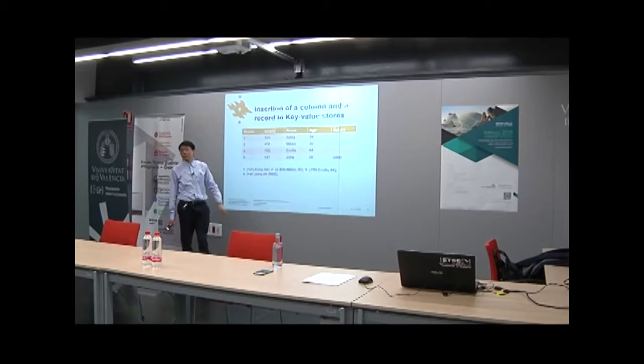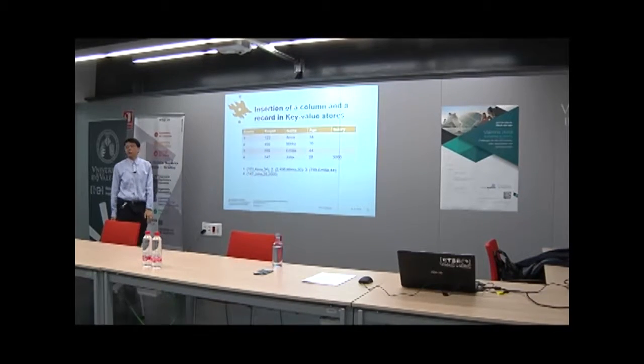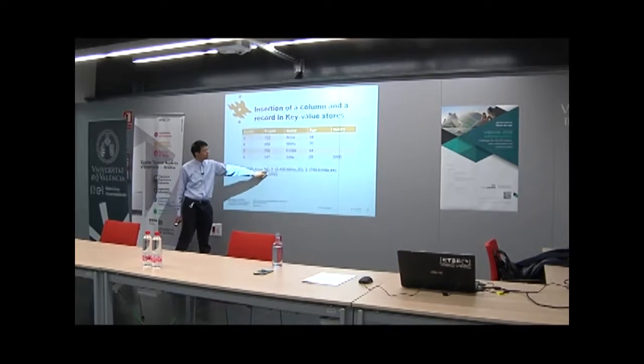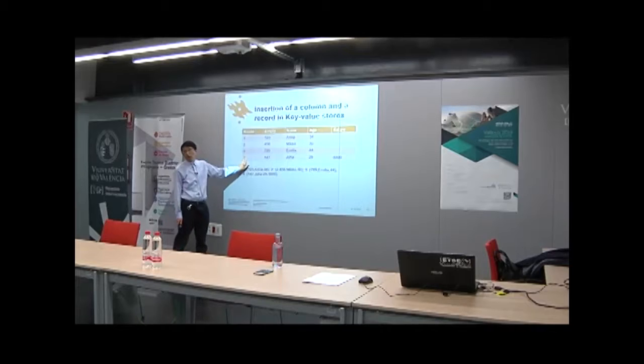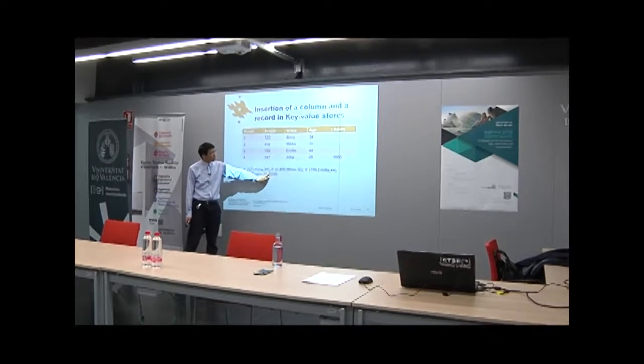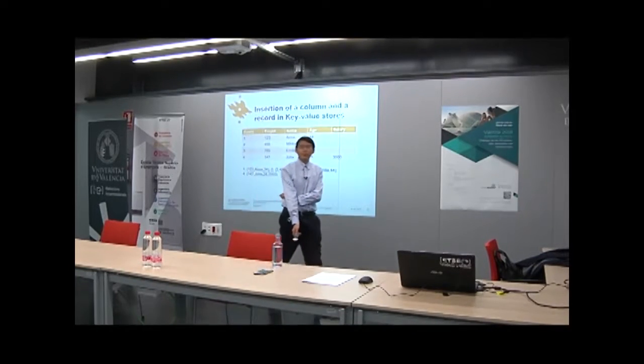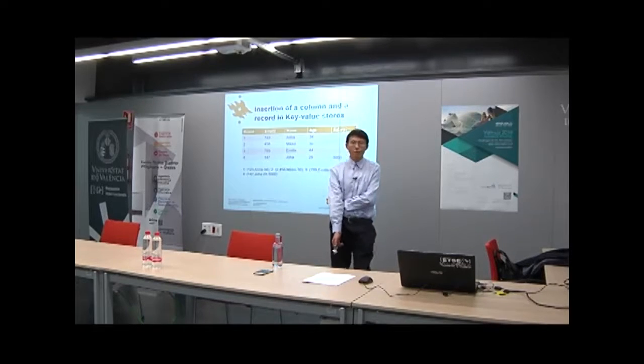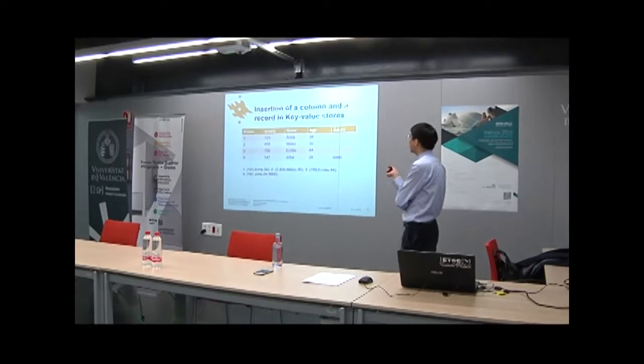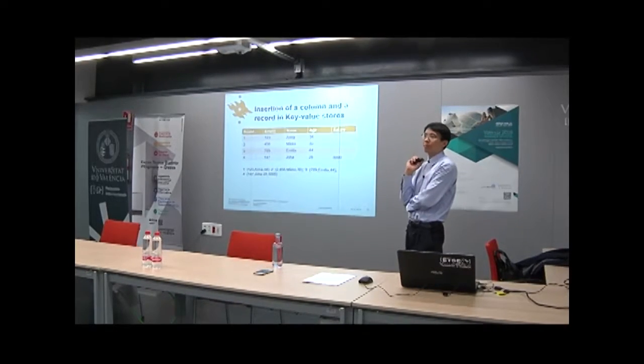When we use the key value storage, this is implemented very efficiently. We can only modify the record for the key 4, and add 30,000 as its salary. So this example shows that for the key value storage, we can very efficiently insert one column of information.